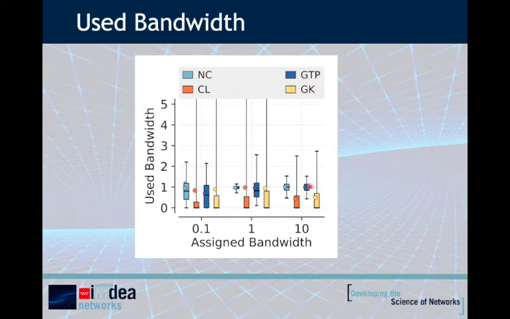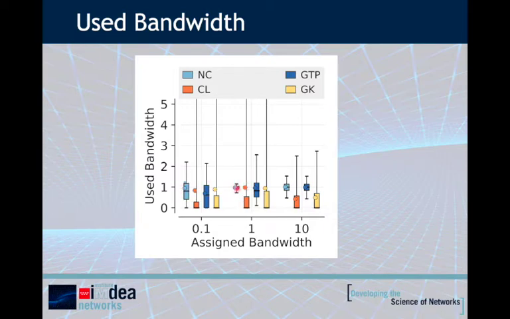Only in this case is it at the line, while for the naive and the clustering with timeouts, and even the perfect clustering, there are many cases. Look at this outlier bar here. In many cases, they exceed the available bandwidth. So in that sense, our approach is much more stable.